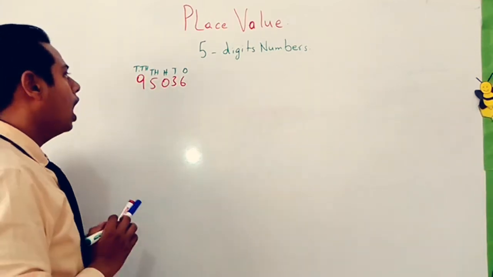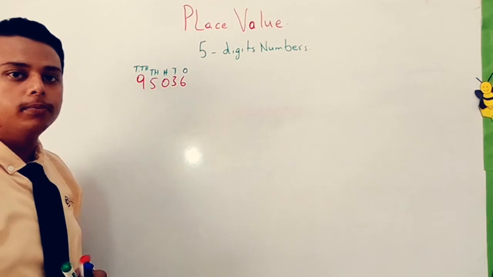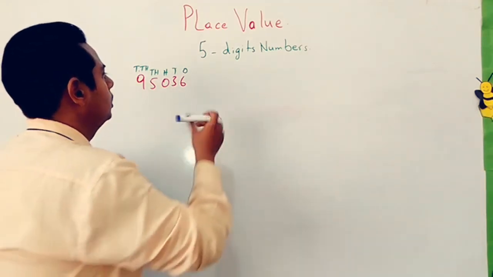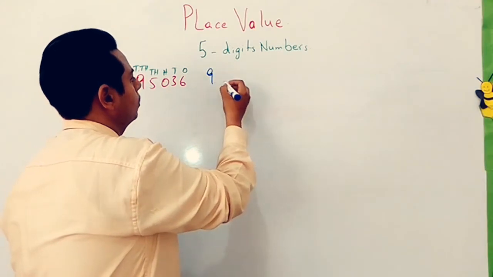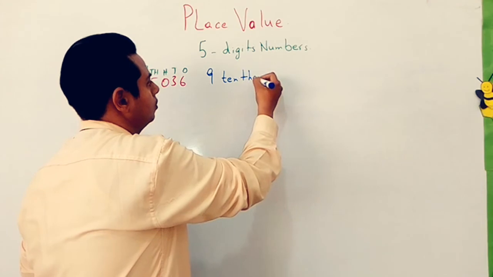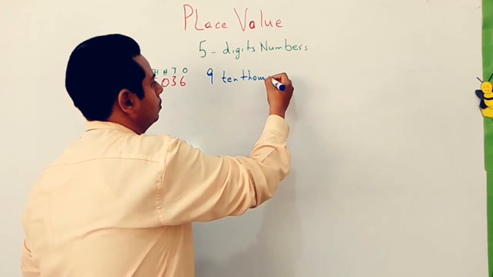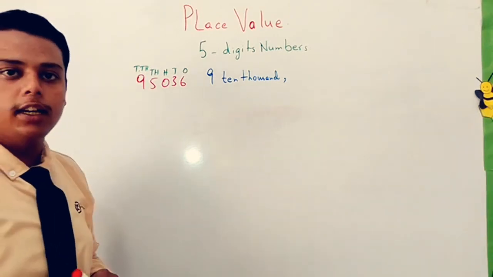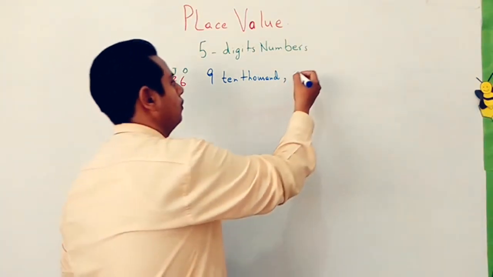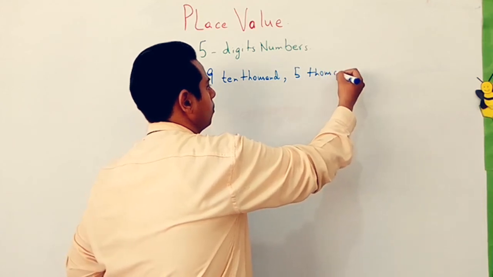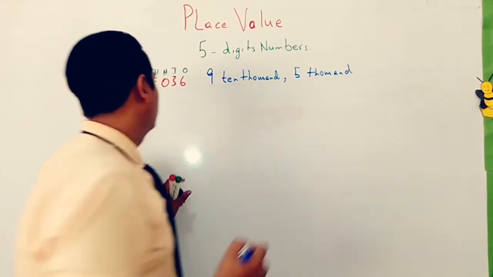Now tell me how many 10,000s are there? 9 10,000. So I will write just 9 10,000. How many thousands are there? 5. So 5,000. Okay.